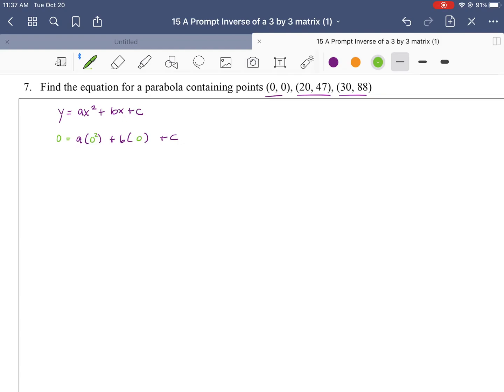And then in our following equation, we have 47 as our y, 20 as our x, and the last one we have 88 as our y and 30 as our x.